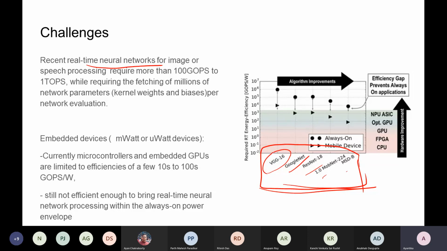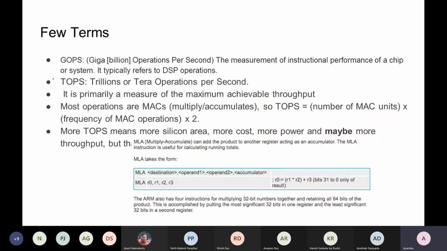Now I'm telling you the requirement to implement these in terms of GOPS or TOPS. If someone does not know, GOPS means giga operations per second, whereas TOPS means tera operations per second.